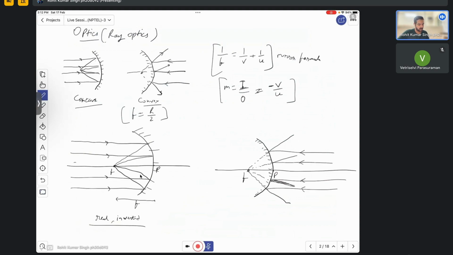You see this focus is on the other side of the mirror, so the image formed by a convex mirror is always virtual and erect. You might know this already, but just to remind you.